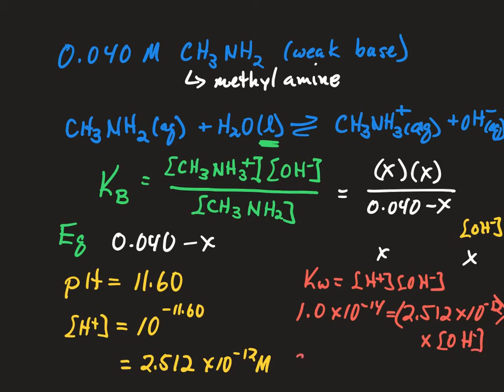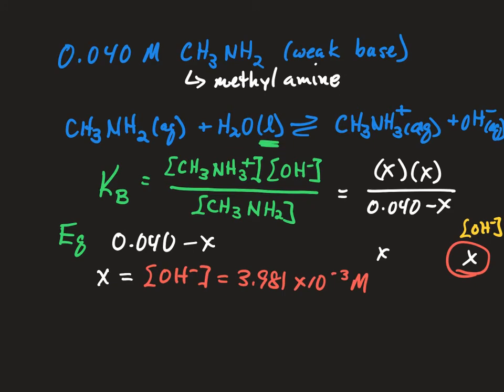If we solve for the concentration of hydroxide ions by dividing both sides by this, we end up with the concentration of our hydroxide ions being 3.981 times 10 to the minus 3 molar. So now we have our concentration of hydroxide ions, which is X.